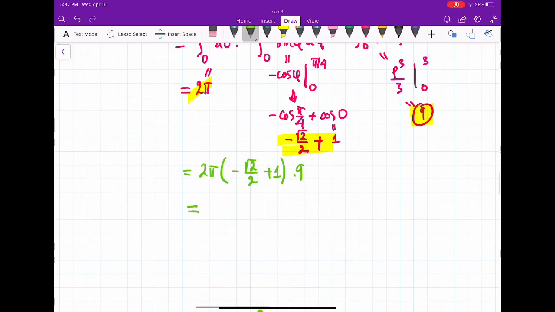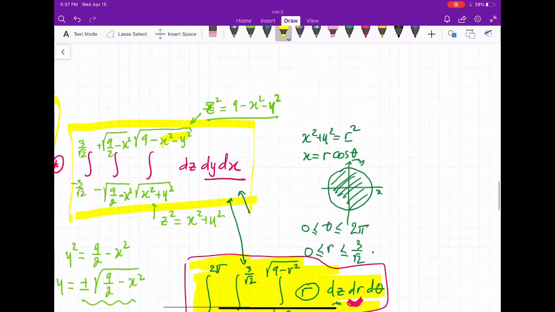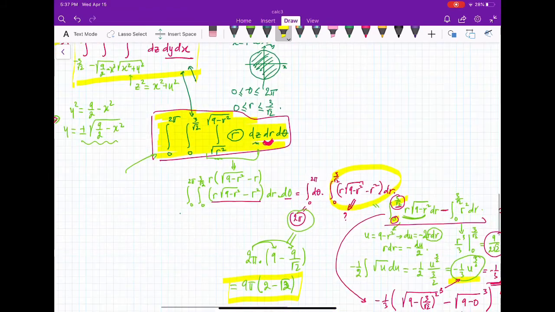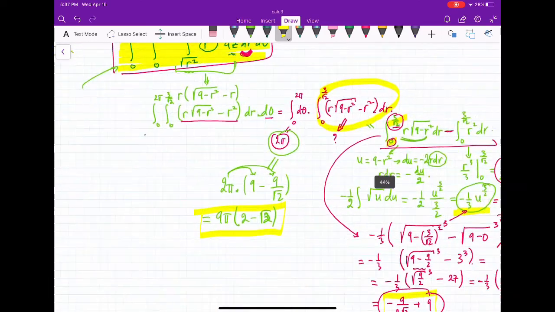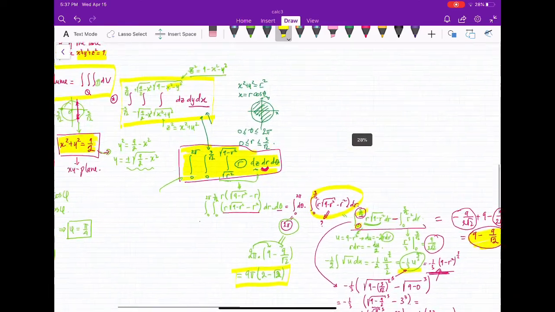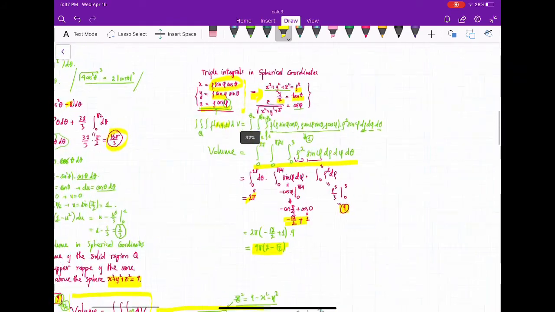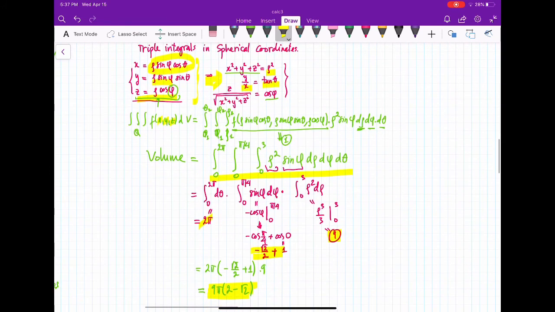And the answer is 9 pi times 2 minus square root of 2. Let's compare this with the one we just found right here. You see? If you compare the two solutions, you would think, yes, the solution in spherical coordinates is much easier.